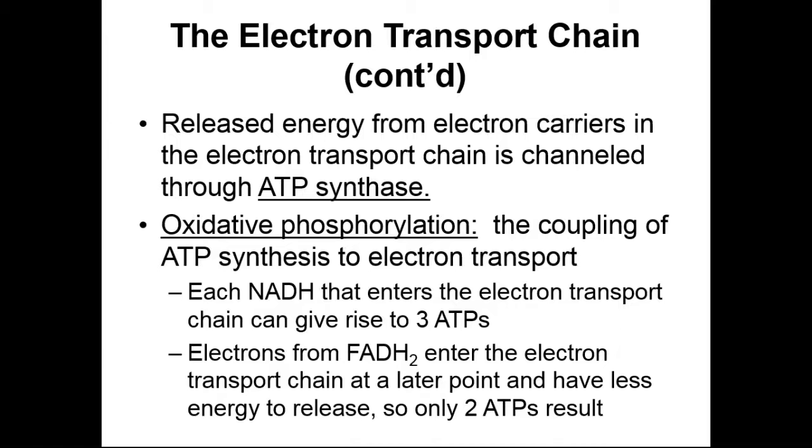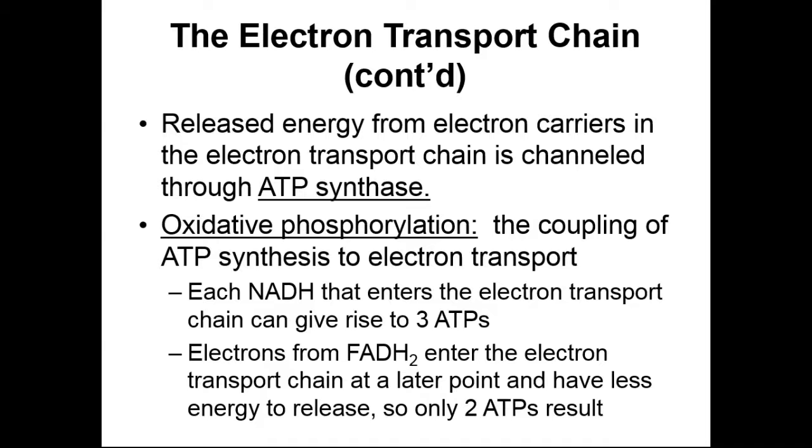As energy is released from the electron carriers, those high energy electrons move through the electron transport chain, and the proton gradient that is generated will funnel protons through ATP synthase. The process of coupling ATP synthesis with electron transport is known as oxidative phosphorylation. That's kind of a $10 term. We are going to take ADP and attach phosphate groups to it, aka phosphorylation.